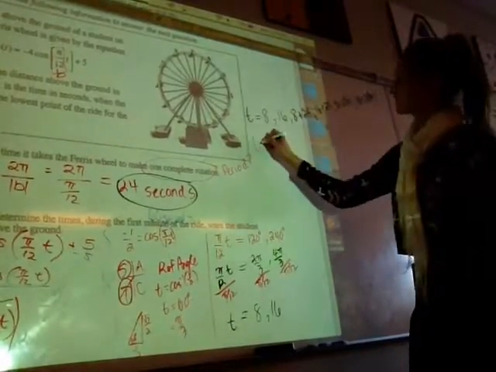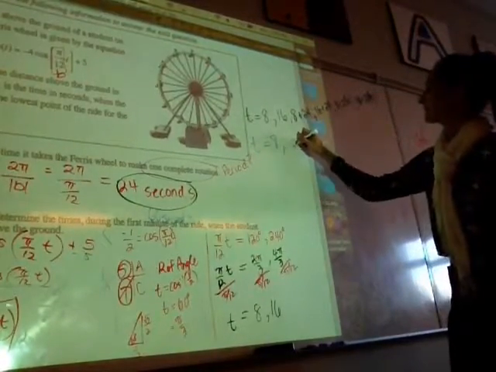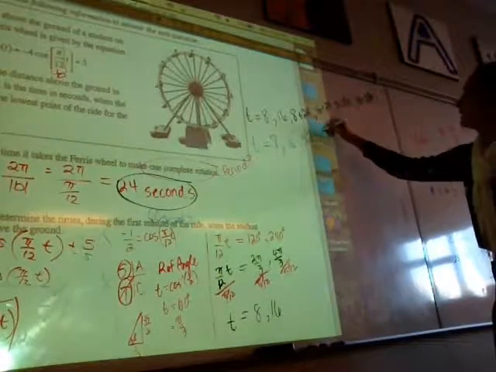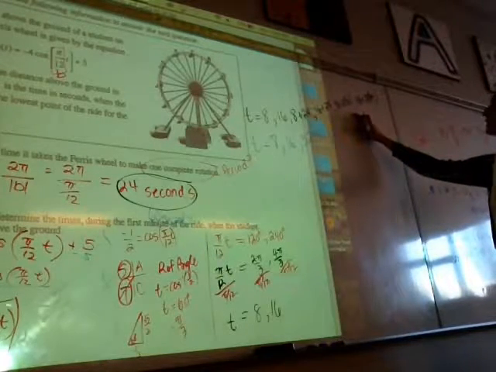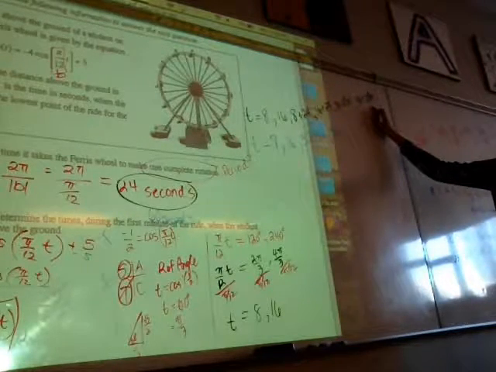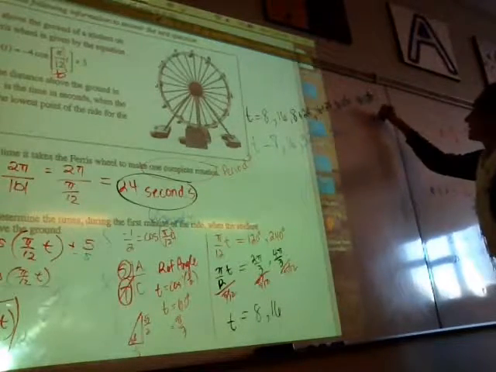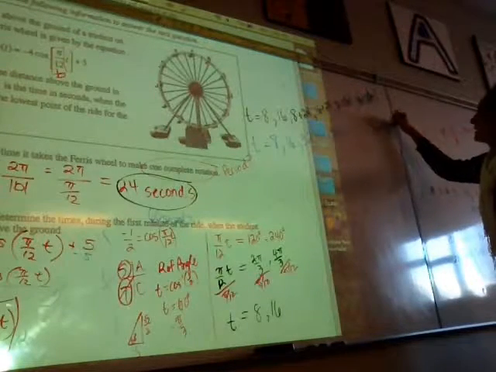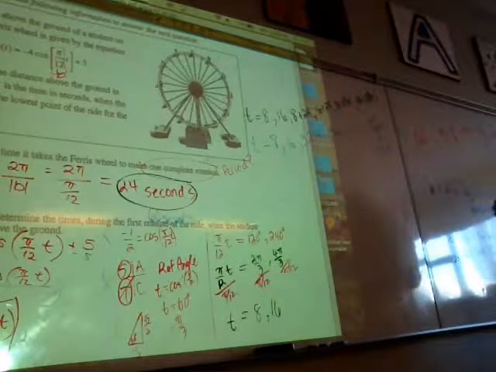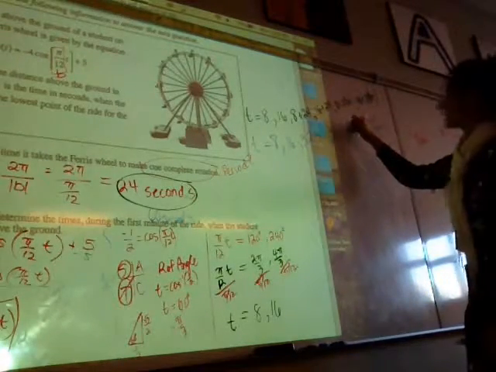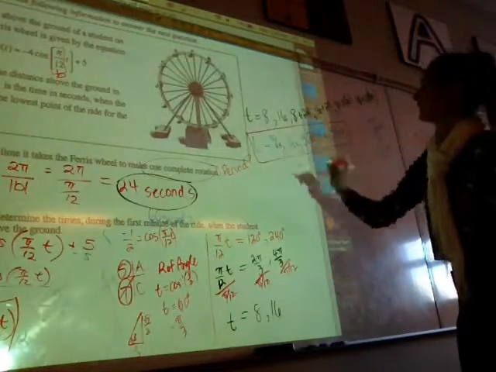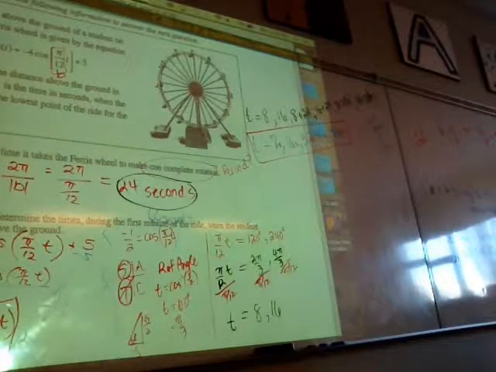Summarizing our solutions, t is equal to 8, 16, 32, 40, and 56. Do you think I'm going to go over 60 with the next one? Yes, so that one's past the domain of 60 seconds, and we rule that one out. So these are our solutions, in seconds: at 8, 16, 32, 40, and 56 seconds, we have a height of 7 meters.